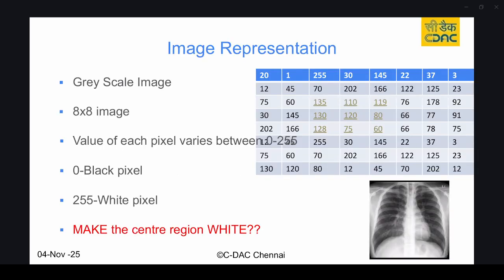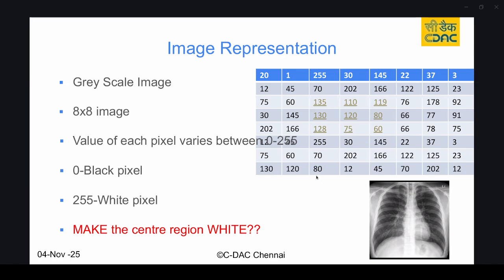If you are very new to computer vision, you must understand how the image is represented by the computer. Generally an image is represented in the form of a matrix. This kind of image will generally be a 256 cross 256 matrix. Right now for ease of representation, I'm using an 8 cross 8 matrix.